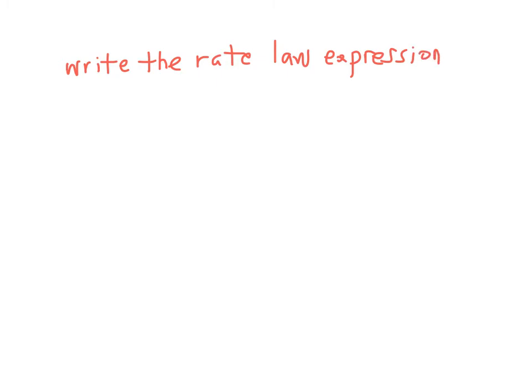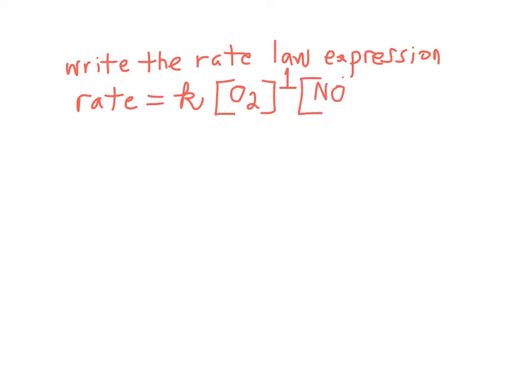Not that important. So the rate law expression for what we have right now is the rate equals K, my rate constant, times oxygen, which was first order, times the concentration of nitrogen monoxide, which was second order.